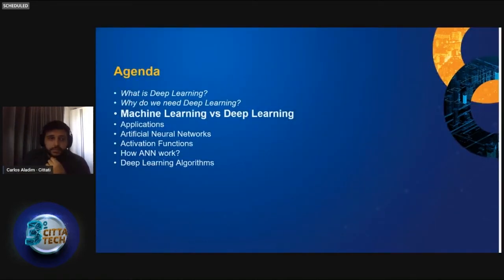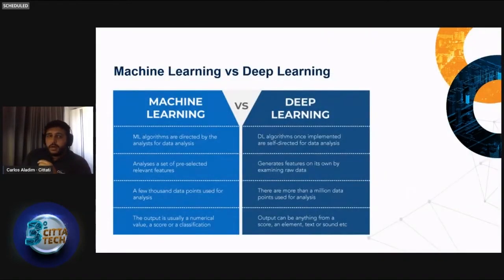What are the main differences between machine learning and deep learning? In classic machine learning, the algorithms are directed by the analysts. So the analysts have to know how to guide the algorithm to extract the features, to know what kind of problem it will solve, to orchestrate the whole process.